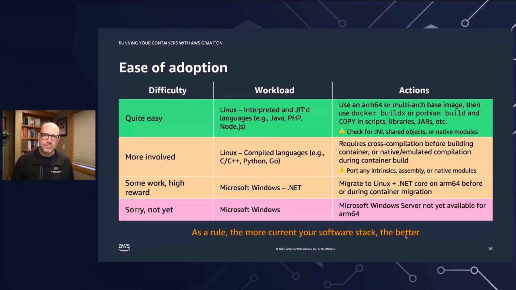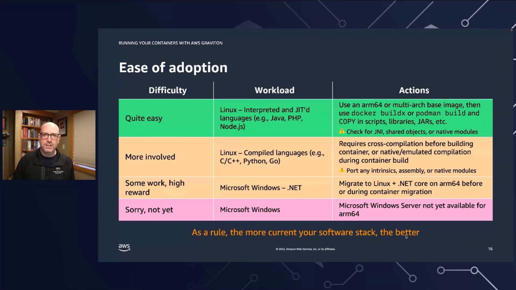And the answer is really going to depend on how your application is written. If your application is written in a pure scripting language, such as Python, PHP, Perl, Ruby, or Node.js, you can typically simply copy your scripts into the build image and utilize the particular runtime that's already been compiled for ARM64.